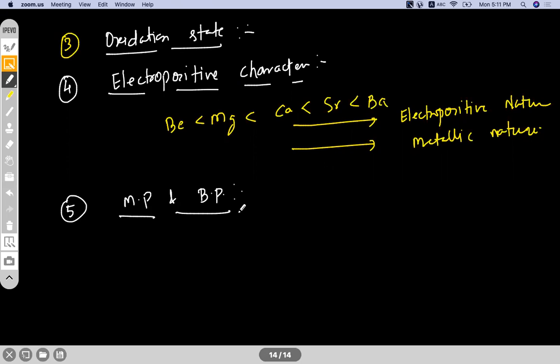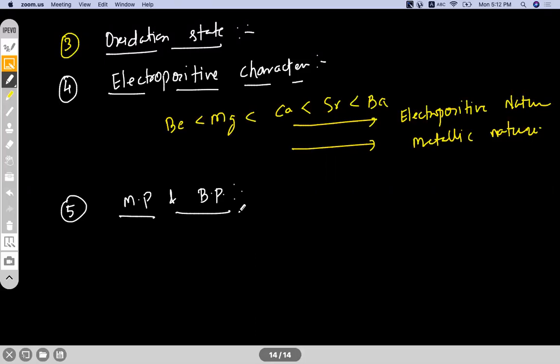Hence, in general, the melting and boiling point decreases. But there is no regular trend here. Means in general it happens, down the group decreases, but in case of alkaline earth metal, there is no general trend. Okay, the trend is irregular, sometimes decreases, increases, and like that.